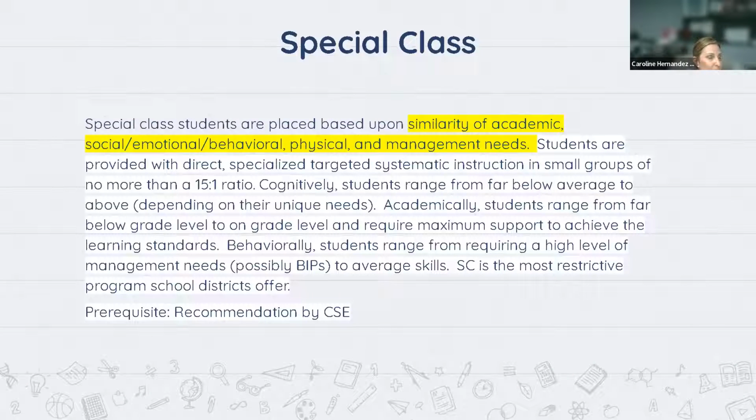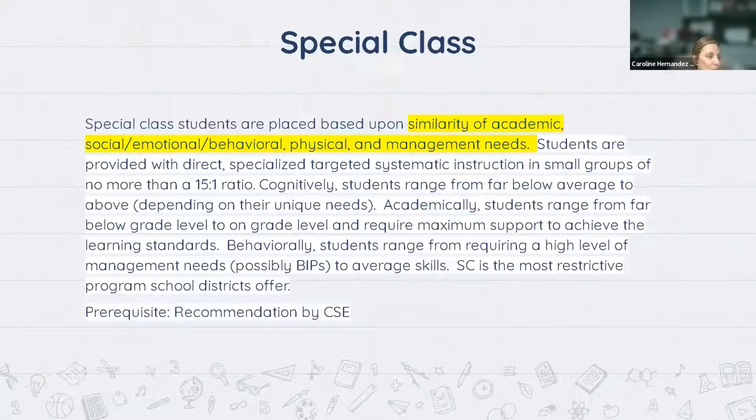And it might be students who are far below grade level to students who are on grade level, but require maximum support to maintain achievement of learning standards. It could be that a student has a high level of management needs that they need to be supported with, possibly some behavior intervention plans, or it could be true that a student has average skills in the area of behavior as well.